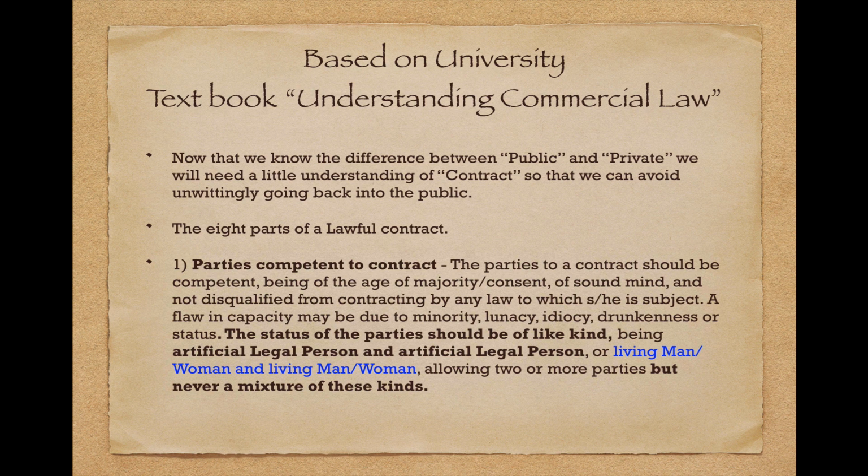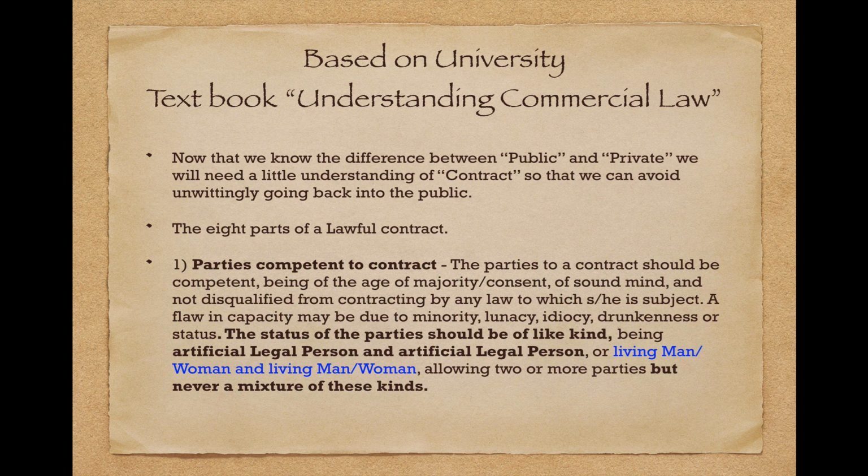The parties to a contract should be competent, being of age of majority or consent, of sound mind, and not disqualified from contracting by any law to which she or he is subject. A flaw in capacity may be due to minority, i.e. underage, lunacy, idiocy, drunkenness, or status.